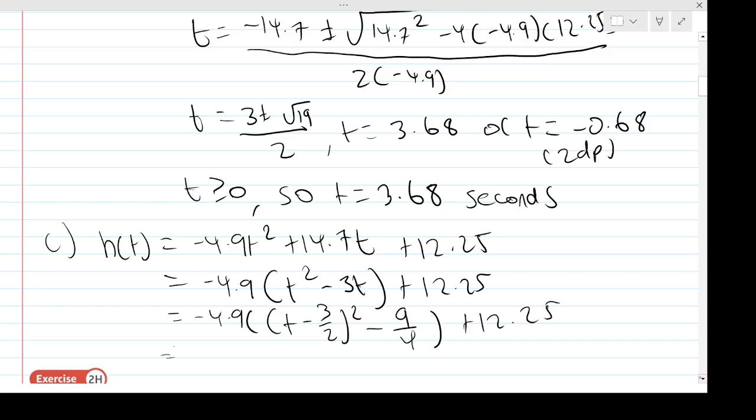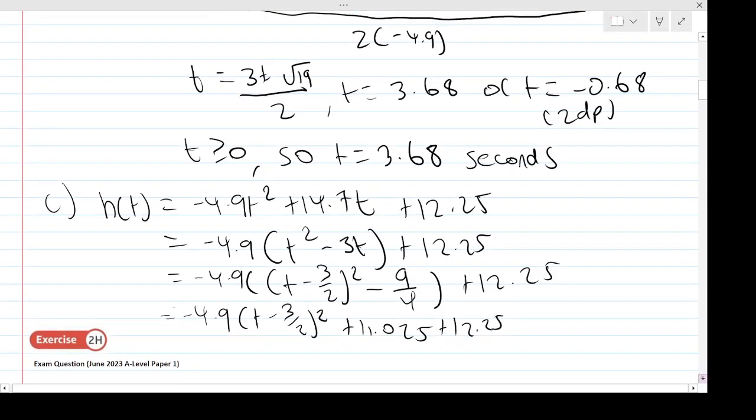Then if I expand it, I'm going to get minus 4.9 of t minus 3 over 2 all squared. Then I'm going to do minus 4.9 times by minus 9 over 4, and you get plus 11.025 plus 12.25. Then you get this minus 4.9 of t minus 3 over 2 all squared.